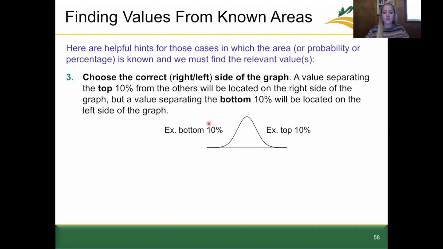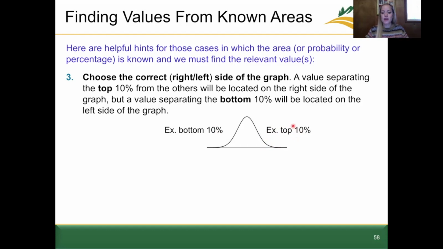Okay, this step is really important because either using Excel or Table A2, we're always finding areas to the left. So if we're asked about the bottom 10% or the bottom whatever percentage, that's also any probability less than that given percentage or given value. For a probability for the top 10% or the probability greater than some X or some Z value, that's shading the area to the right of the curve.